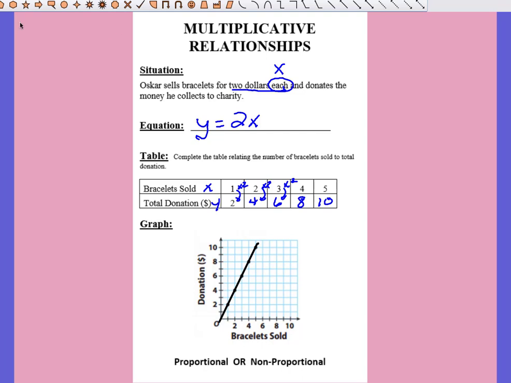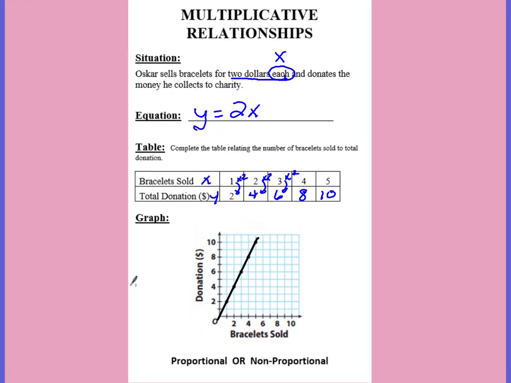Yes, it would go through the origin. Because it goes through the origin, it is multiplicative and it is proportional. So just by looking at the graph of a linear relationship, you can tell if it's an additive or multiplicative relationship and if it's proportional or not proportional. Nice job.